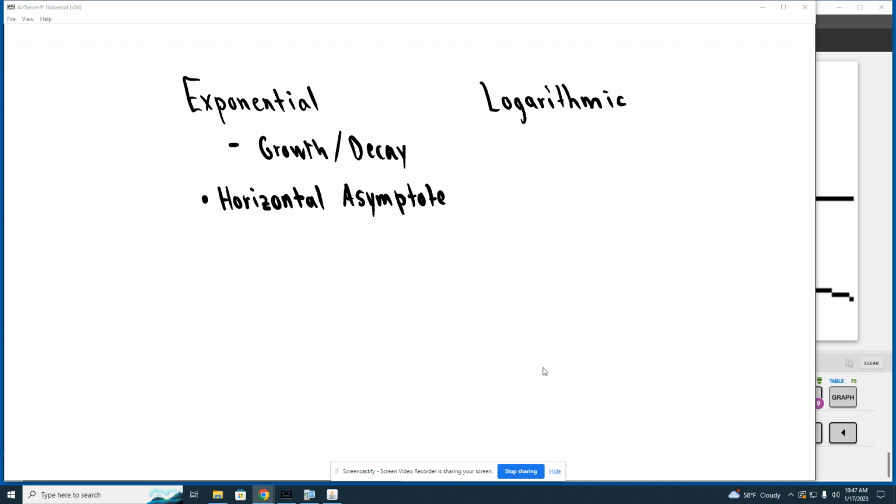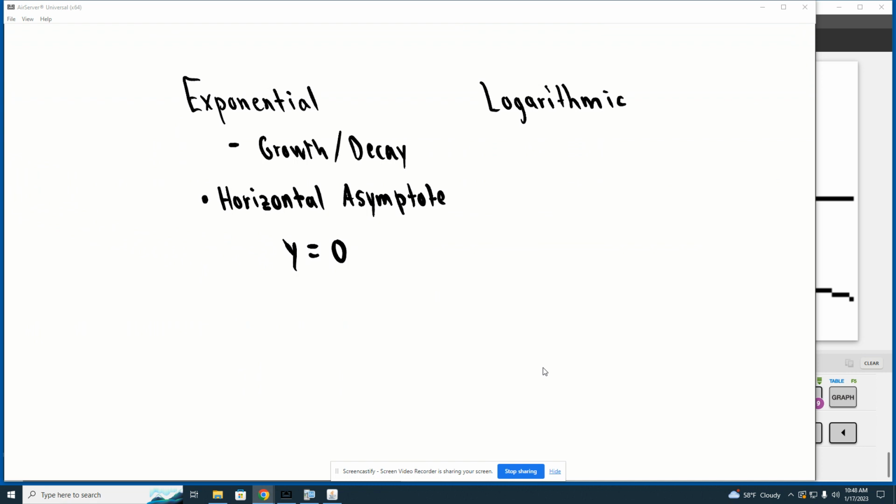We said in its simplest form, when there's no transformations whatsoever, your horizontal asymptote is defined as what? Y equals 0. You with me? Now take this y equals 0. What did cause it to change?